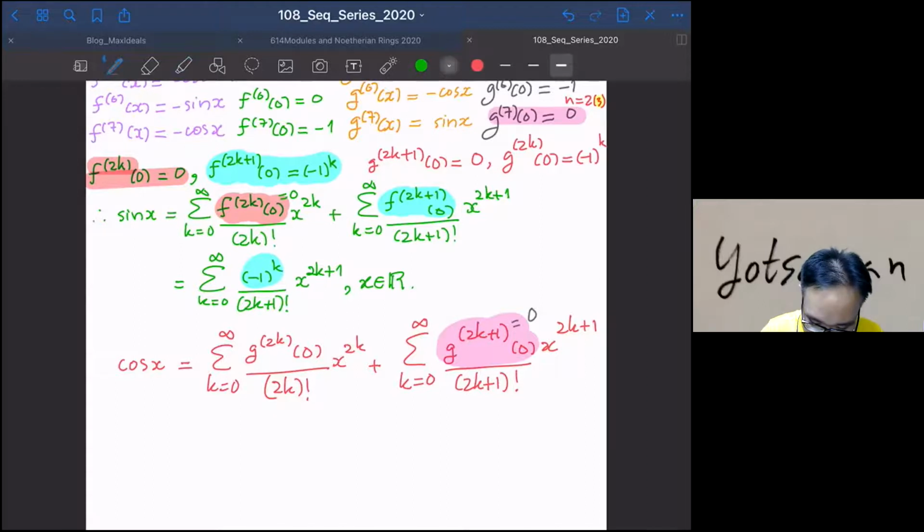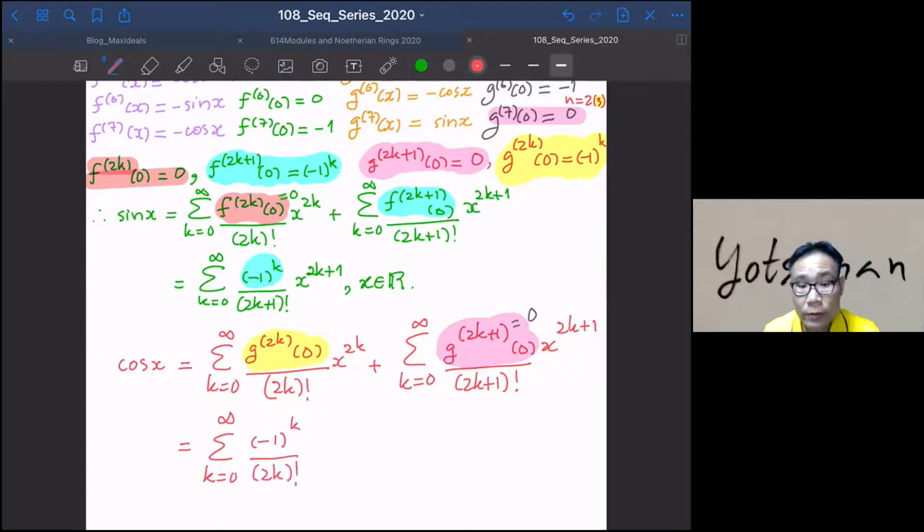Let's highlight the pink one first before I move on. And I have the yellow one, which turns out to be negative 1 to the k. So it's just the series k equal to 0 to infinity of negative 1 to the k over 2k factorial, and you have x to the 2k.